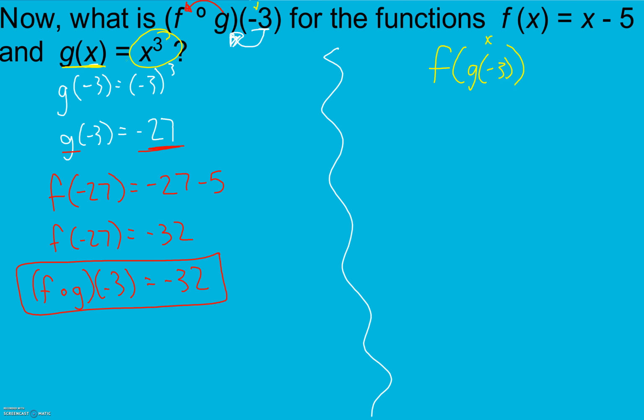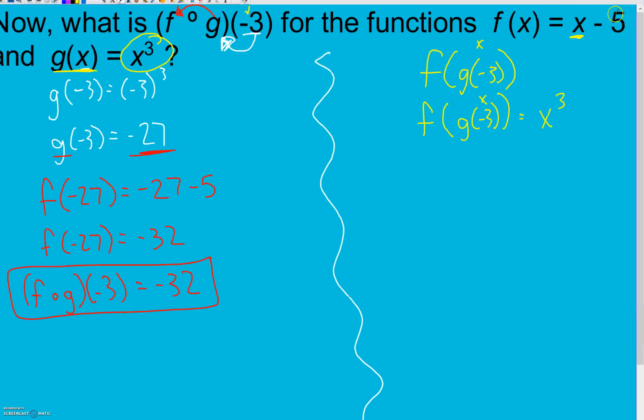So I'm going to plug in g of x, which I know is x cubed. So f of g of -3, first I'm going to do it with just the x to show you here. Everywhere I see an x, I put in x cubed, and then I bring down the rest of our function here.